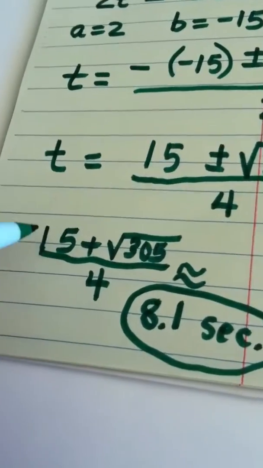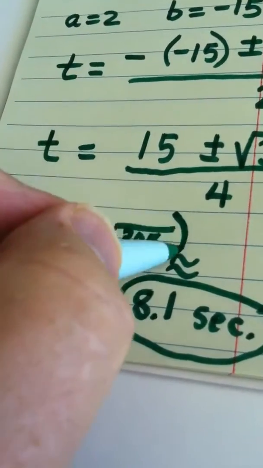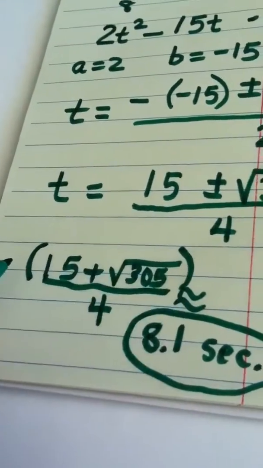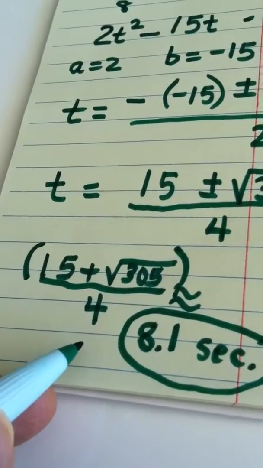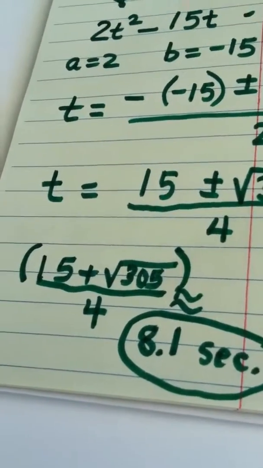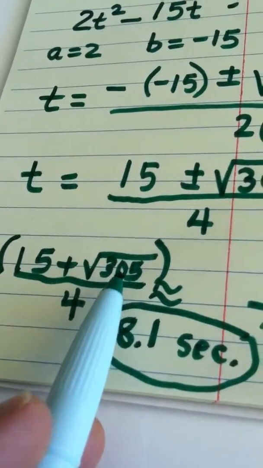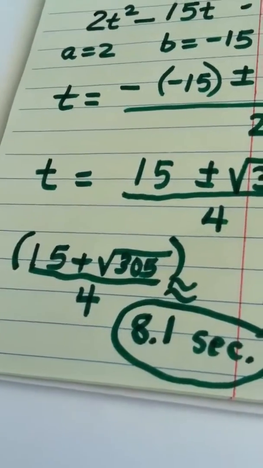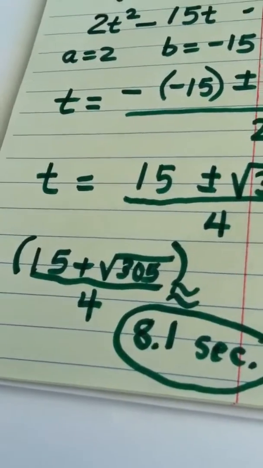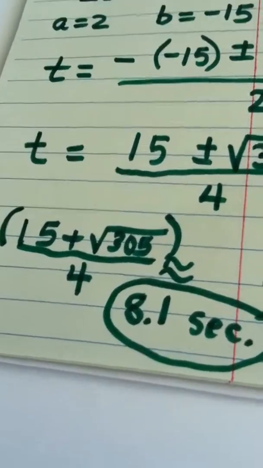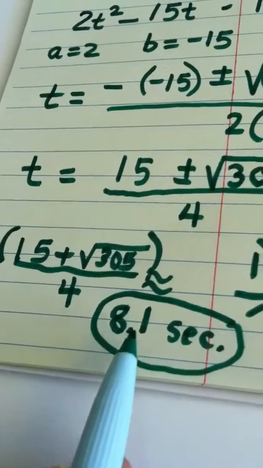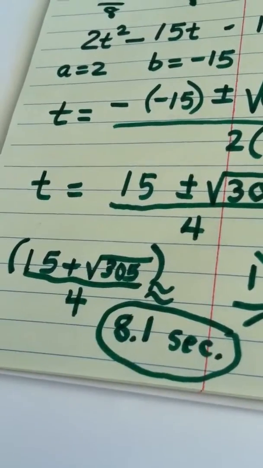Another way to do it is to put grouping symbols around the entire numerator and then divide by 4. Alright, but again, the way I do it on my calculator, I just type in 15 plus the square root of 305, I hit enter, in other words, I get an answer for that part, then I hit divided by 4 and hit enter again, and end up with the answer 8.1.